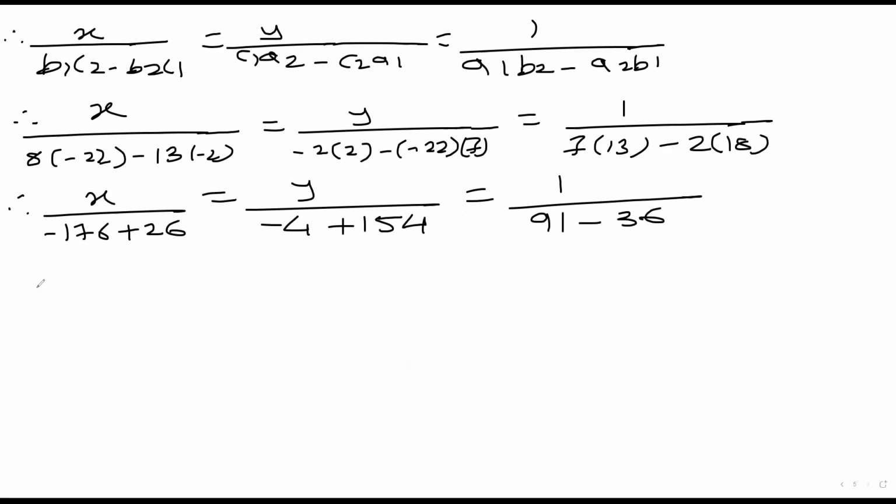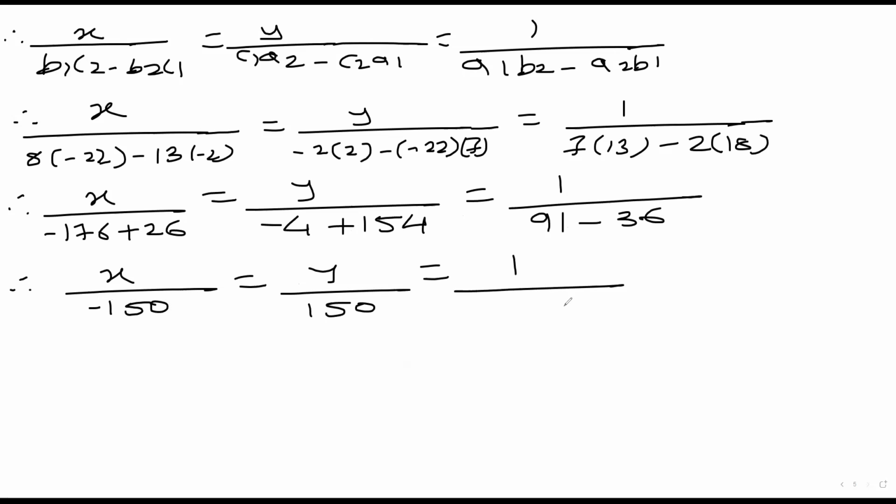So we have x upon minus 150 is equal to y upon 150 is equal to 1 upon what is 91 minus 36? What is 91 minus 36? Is it 55? Yes. So we have x upon minus 150 is equal to 1 upon 55.